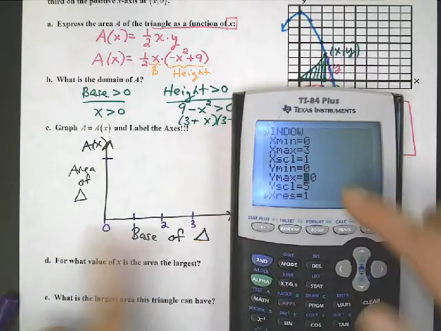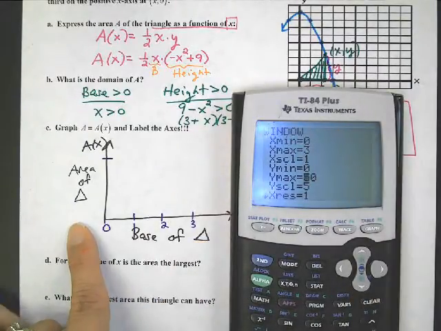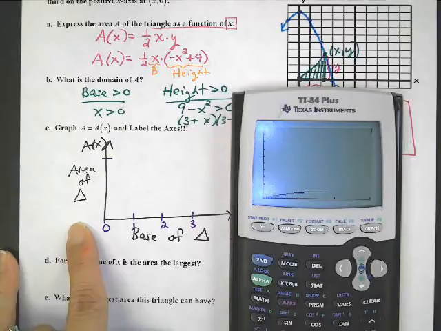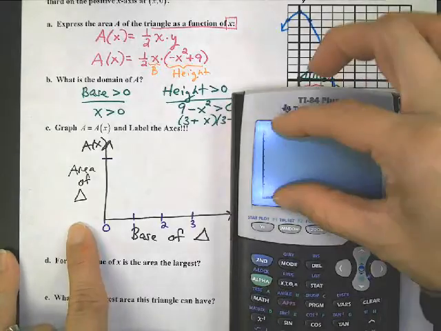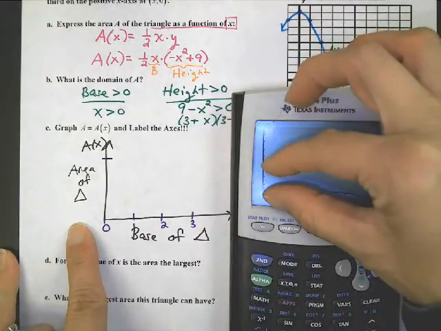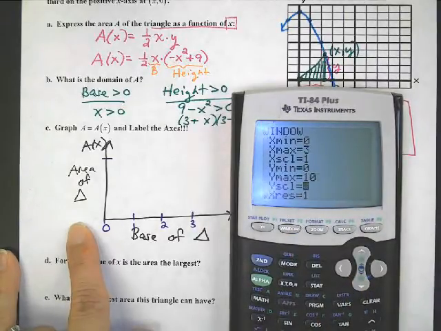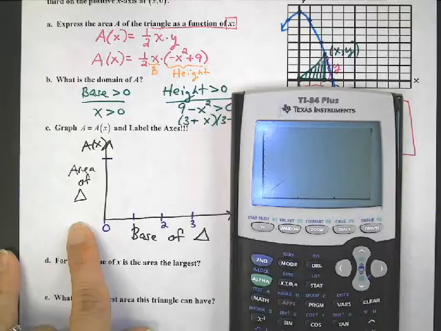And then the y minimum is 0 to, well, I have to go figure it out. I guess we could try 50. Oh, that's way too high. Okay, 50, 25. I'm going to try like 0 to 10. Let's just try the normal 0 to 10. Beautiful.